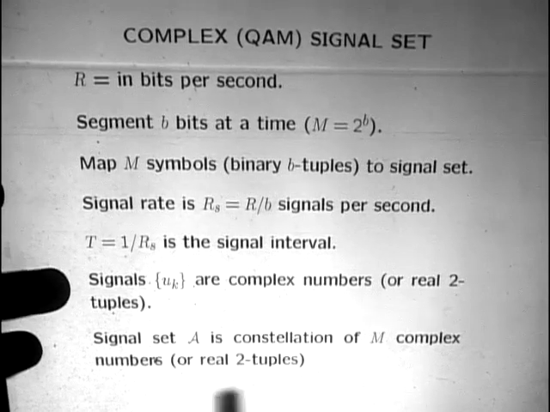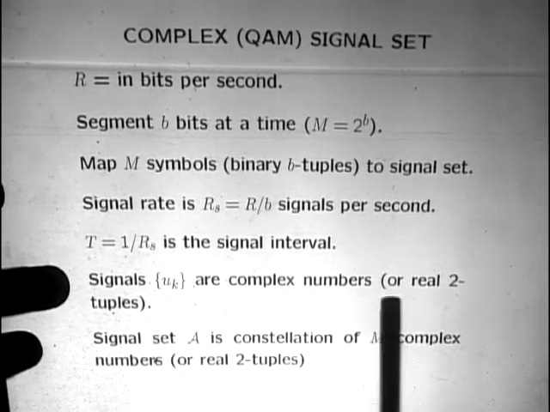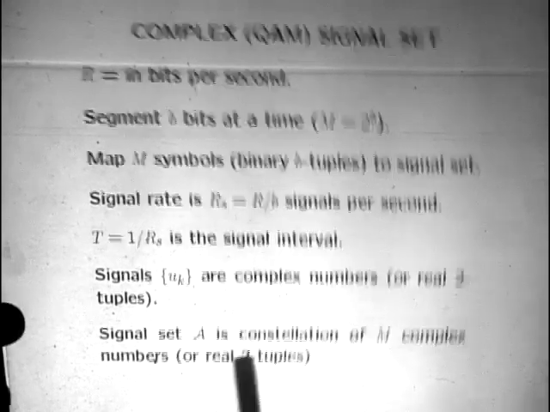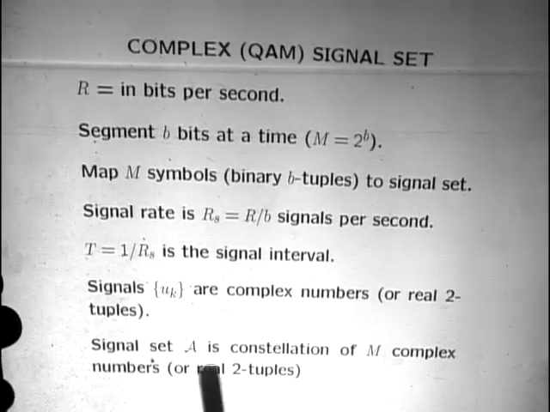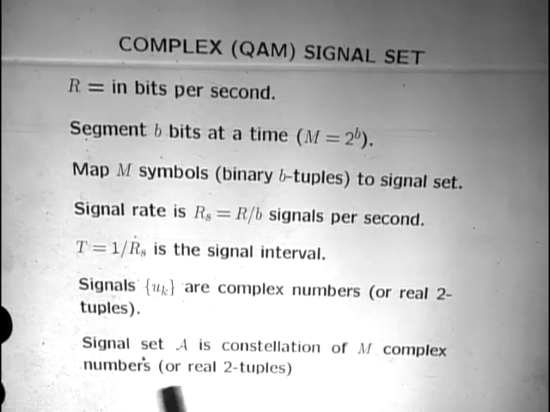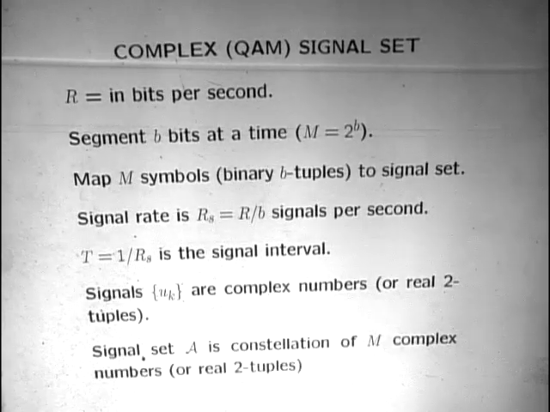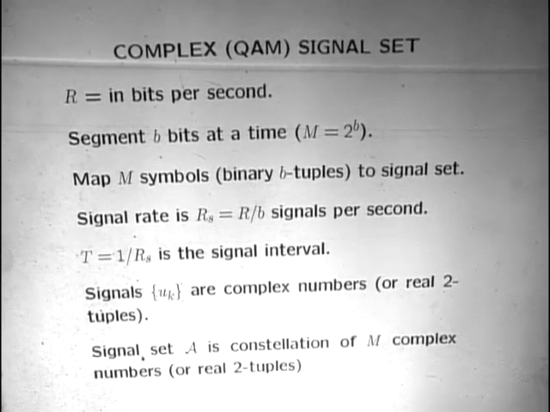The signals u sub k are complex numbers, or real 2-tuples, so when we're trying to decide what signal set we're using, we can just draw our signals on a plane. The signal set is a constellation then of m complex numbers, or real 2-tuples. So the problem of choosing the signal set is how do you choose m points on a complex plane?